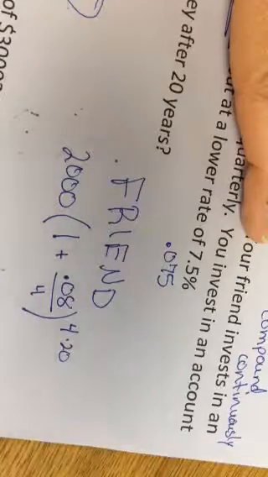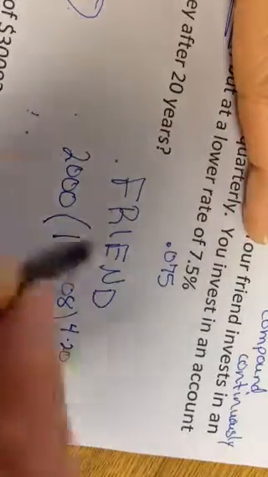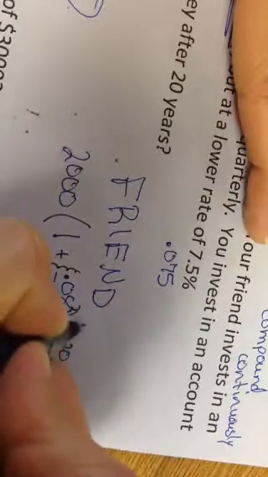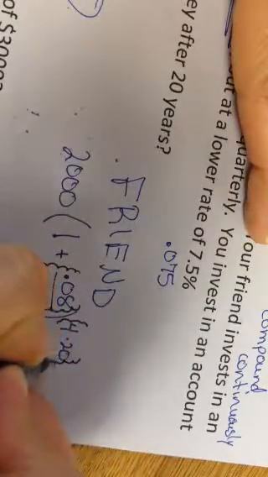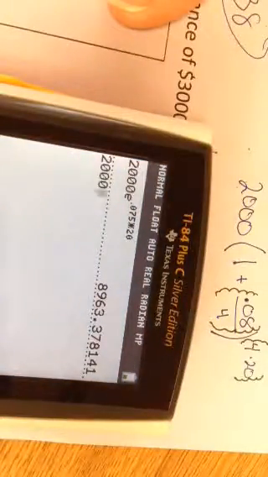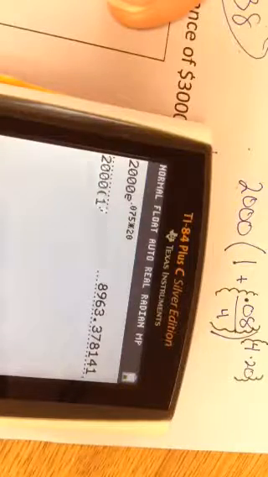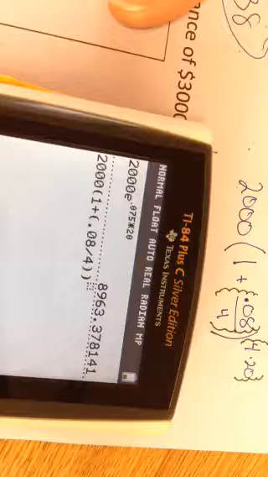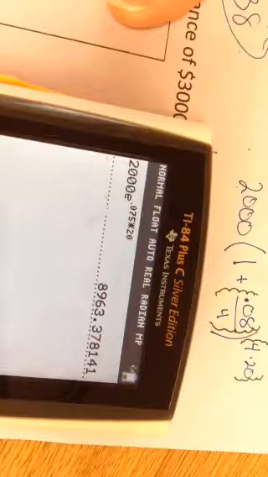So as far as the calculator goes, you will need to wrap extra parentheses here, and in the older operating system, parentheses here. All right, so 2,000, parentheses 1, then your other parentheses. The exponent, so again, some of you need to put parentheses here, or you could just type in 80.